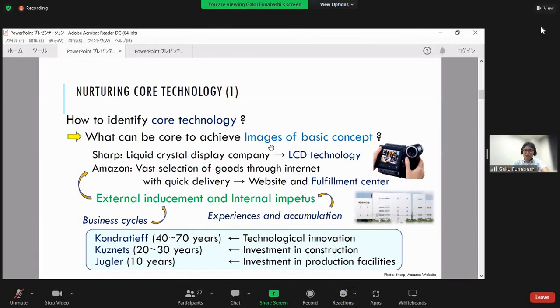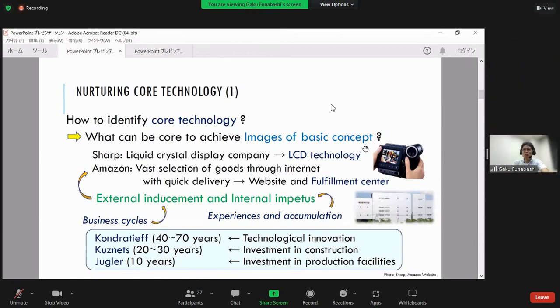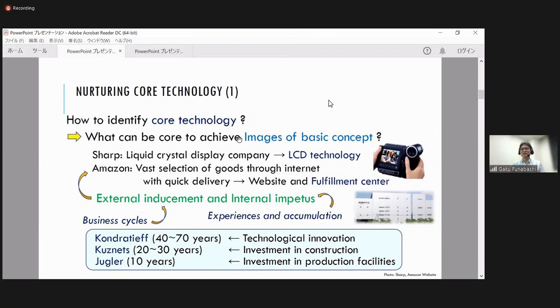Do you remember on the first day, we discussed about images of basic concept? I introduced the case of the zoo in Japan, in Northern Ireland. They draw the pictures, that was the image. For Fujifilm, they had an image. After 20 years, nearly half of their business revenue came from totally new business, totally new products.